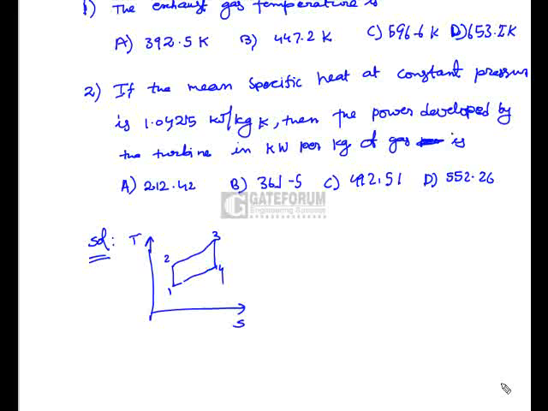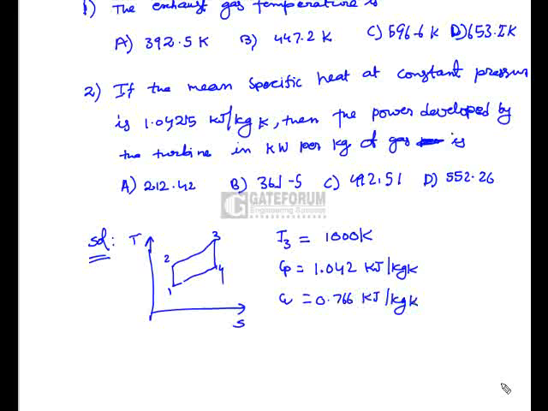Here we know that the entrance temperature of the turbine, that is T3, is 1000 Kelvin, and Cp is 1.042 kilojoule per kg Kelvin and Cv is 0.766 kilojoule per kg Kelvin.